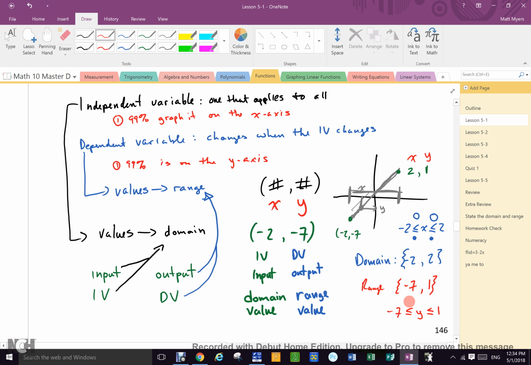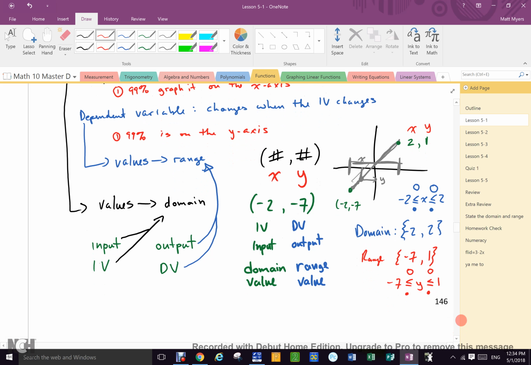And again, open dot is less than, closed dot is equal to. And then math guys added the last move. If it's an open dot, we put a round bracket. If it's a closed dot, we put a square bracket. And the dots are determined by what's on the graph.